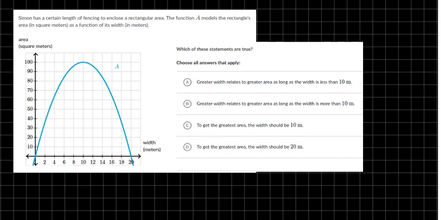Simon has a certain length of fencing to enclose a rectangular area. The function a models the rectangular area in square meters as a function of its width. So there's some kind of fence like this.